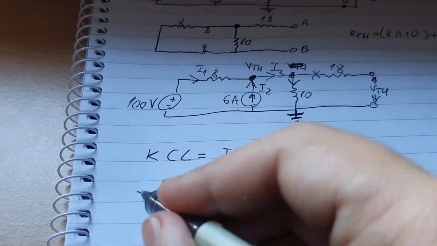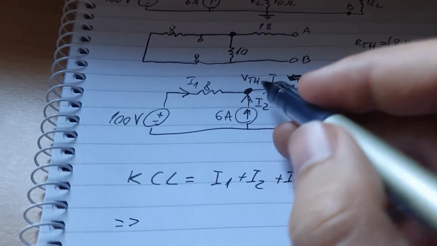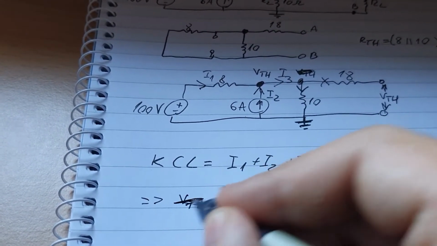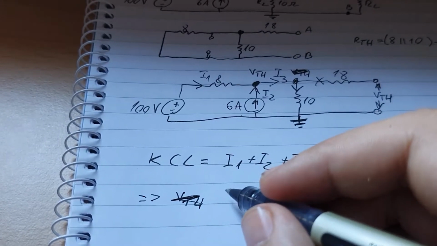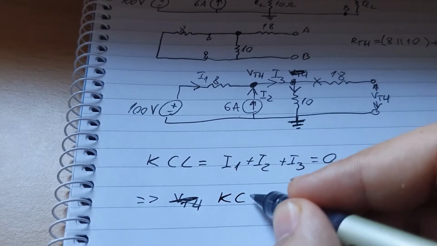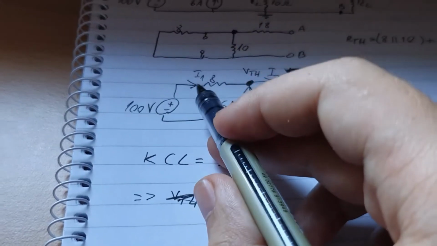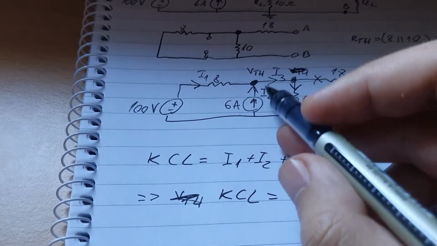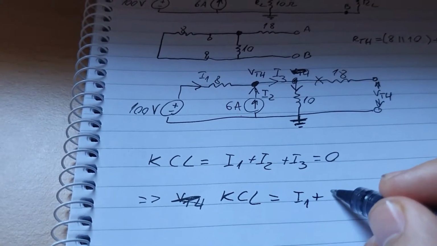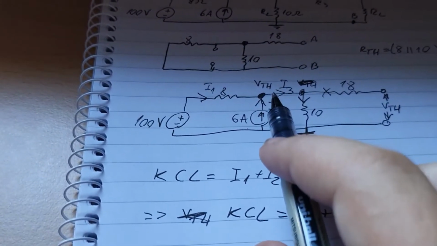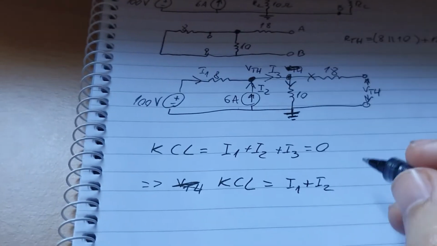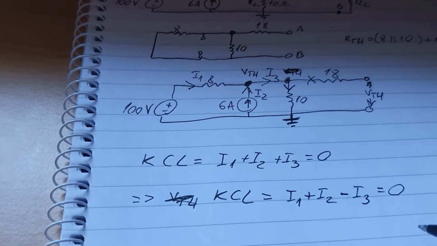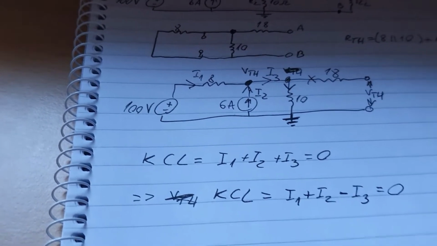So therefore, VTH, now let's name it something else. Kirchhoff's current law: I1 is coming in, so it's positive. I2 is coming in, so it's positive as well. However, I3 is coming out, so I3 is negative in here, and all of them will be equal to 0. Good.